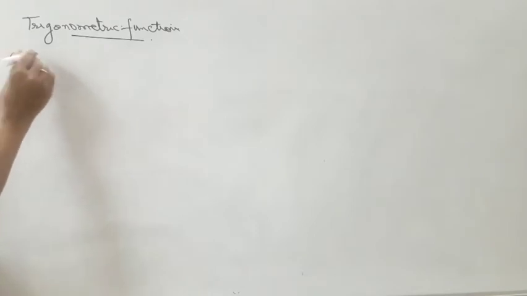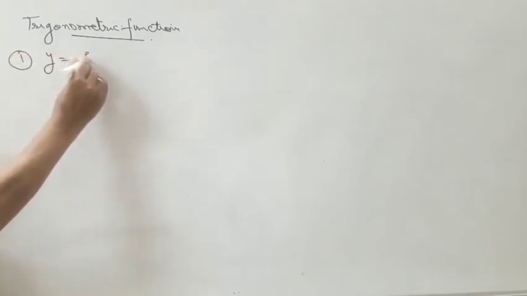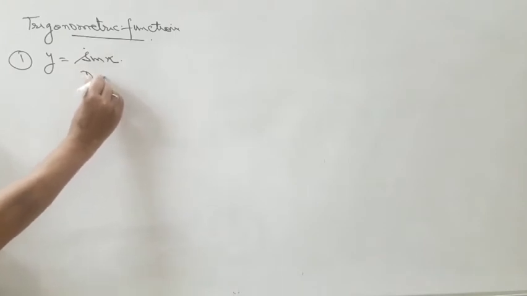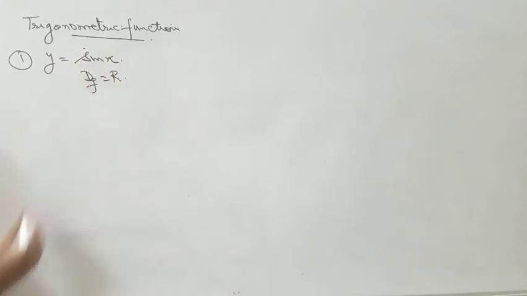See, we have number 1, y is equal to sin x. Check out. Here I want the domain and range. Domain of the function is all real, and you see the maximum and minimum value.